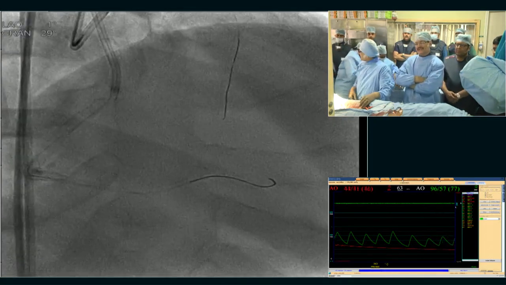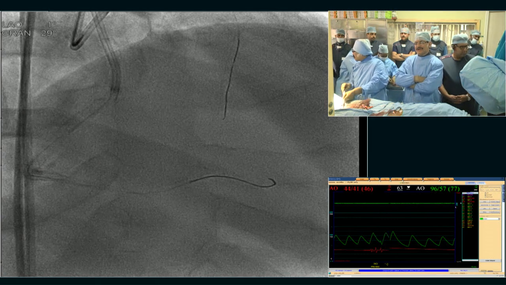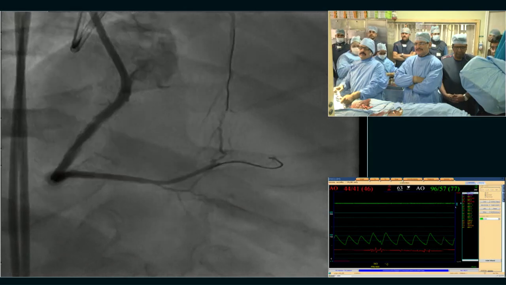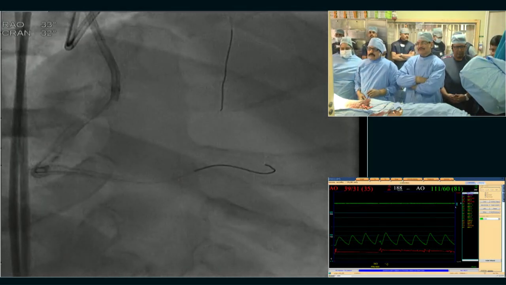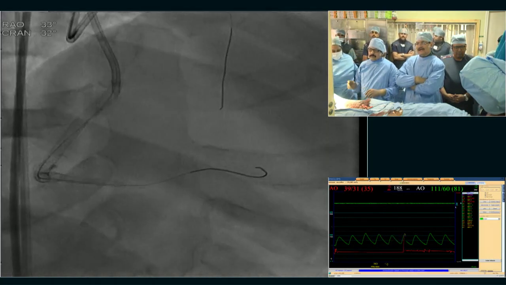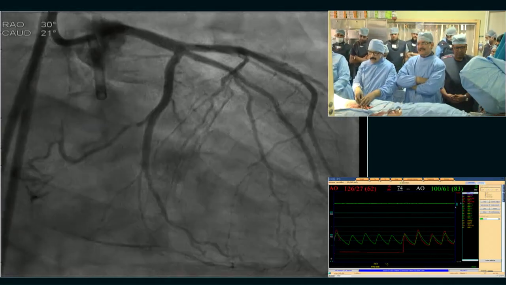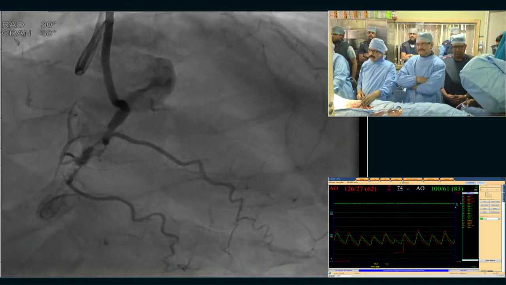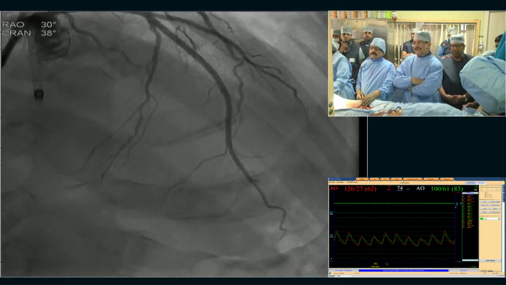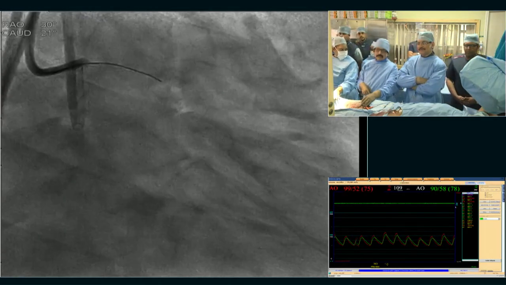Our intended strategy here is a retrograde primary approach with some antegrade preparation. On the right side we have taken a 7 French Amplatz catheter, and on the left side an extra backup 7 French catheter for the left coronary system. We found some variations as we approached step by step.